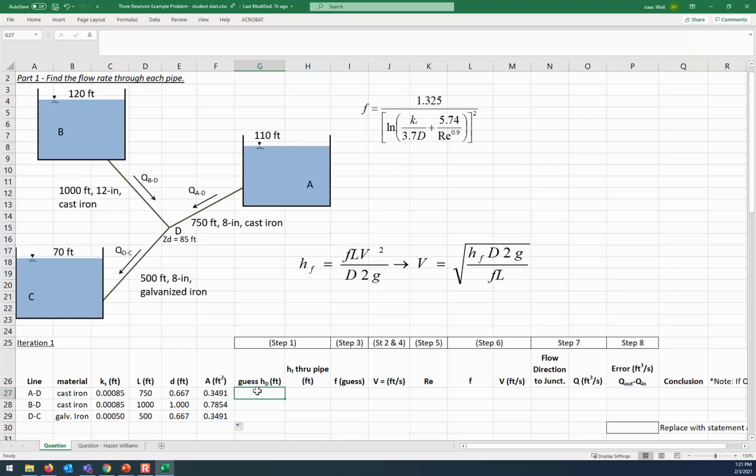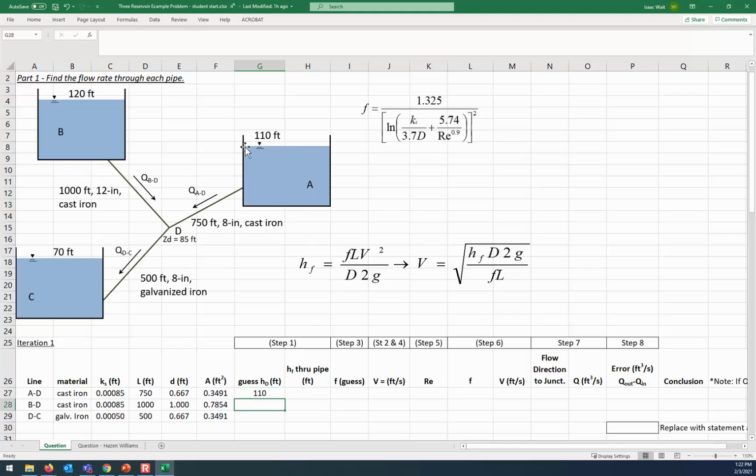Let's guess, what if it was, I'm gonna break the cardinal rule of examples. The cardinal rule of doing an example in class is never do anything that you don't already have written down in front of you. But I think it'll be a little bit easier to understand if we guess that the head at D, no, I'm not going to break the rule. All right, let's guess that it's 110 feet.